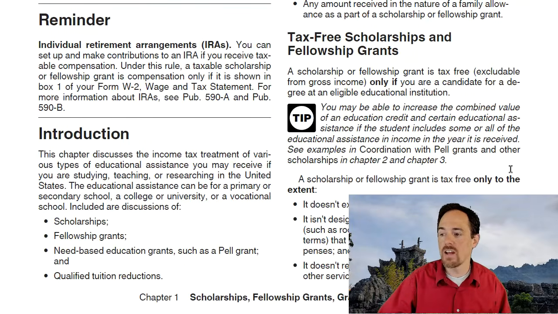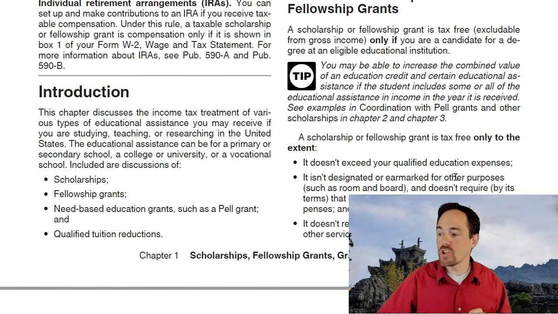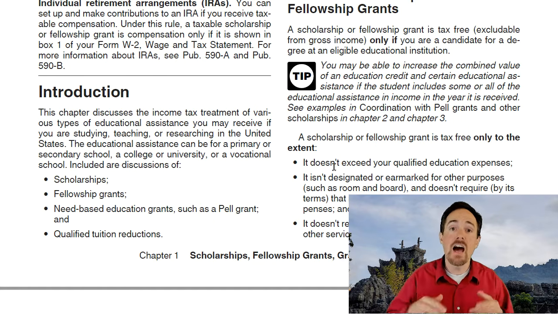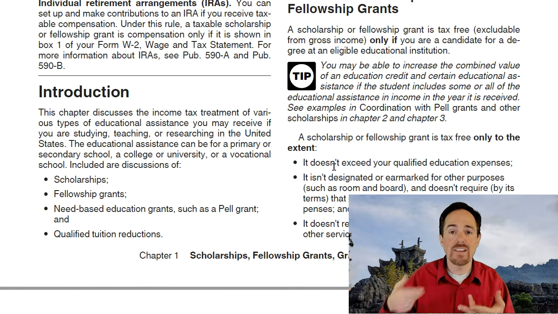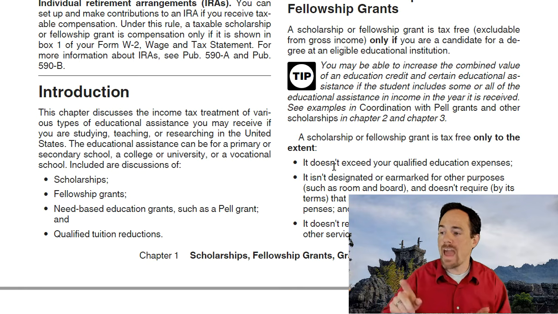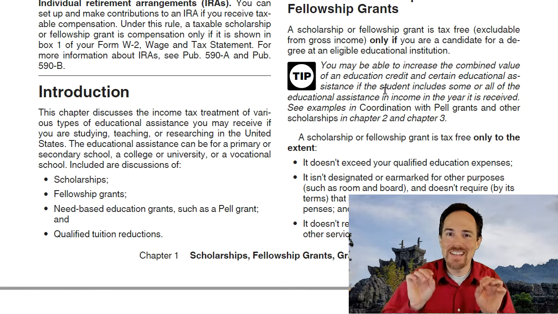Right here, there's this section that says a scholarship or grant is tax-free only if you're a candidate for a degree and you can exclude up to the extent that it doesn't exceed your qualified education expenses. That's what I was talking about just a second ago. That scholarship is tax-free up to those $6,000 that you paid in tuition and books and required expenses. Now, it says right here, this is the tip that I'm emphasizing again because so many people miss it.